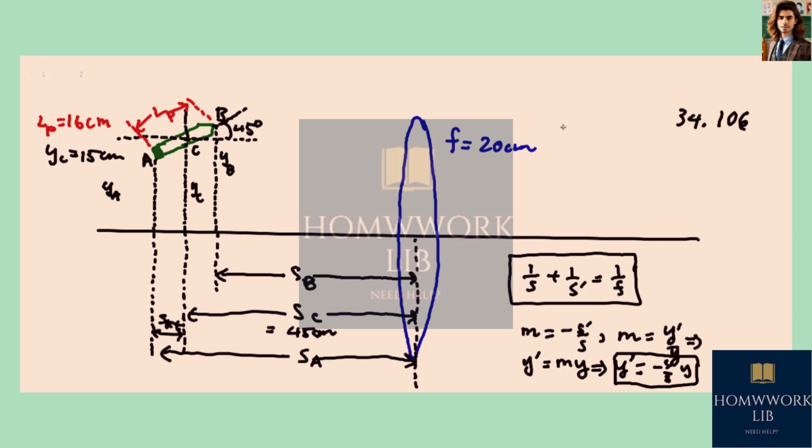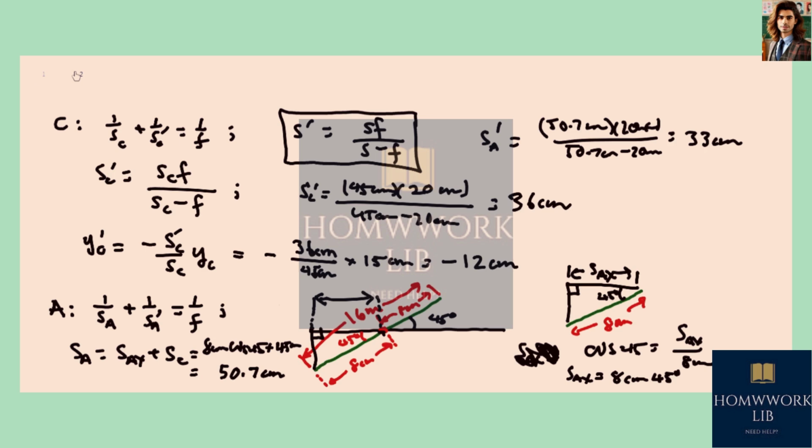Now, how is it oriented? Is it up here? Is it down here? Again, we'll use this equation to figure that out. So same procedure that we followed in part C, but it's a little bit more complicated because we need to figure out YA just as we figured out SA by using a little bit of trigonometry.